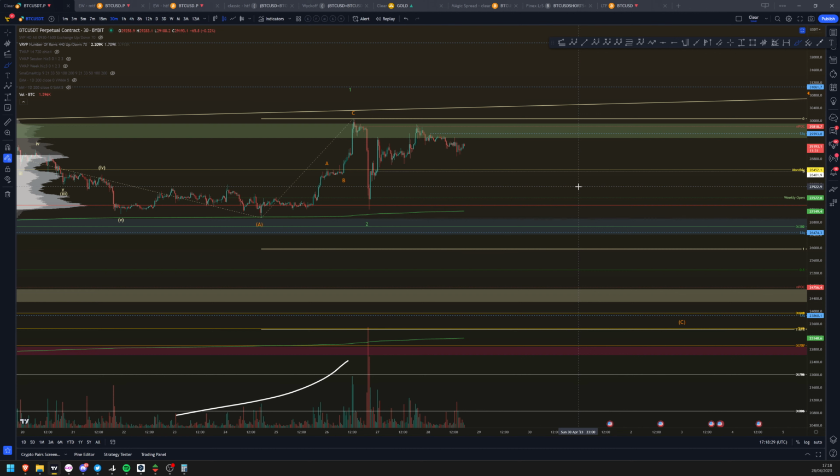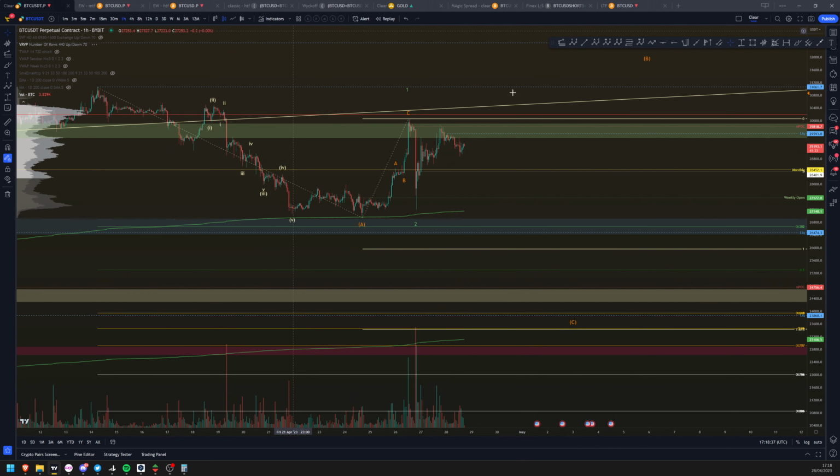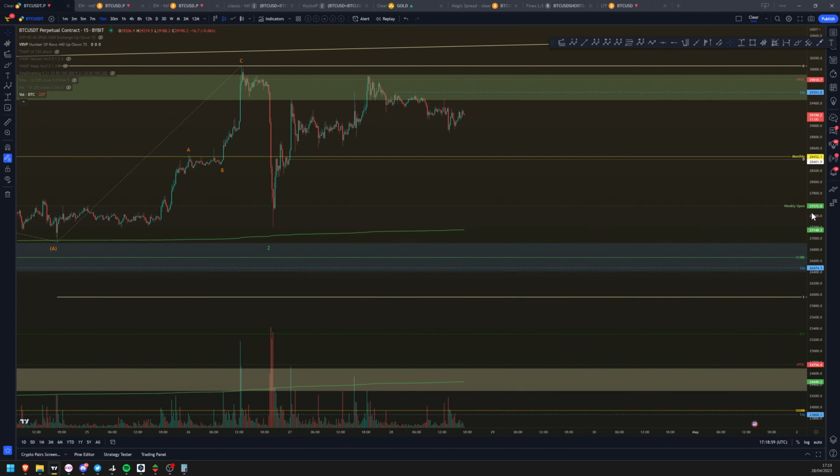GBTC premium is declining a bit again. Okay, I'm not following GBTC premium a lot recently. I was looking a lot at GBTC premium and discount some time ago, but with how the US regulator flipped to a more aggressive stance, I think the GBTC premium will be more linked to the outcome of the lawsuit.